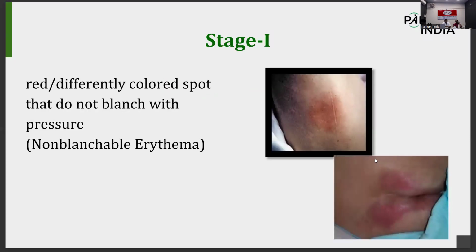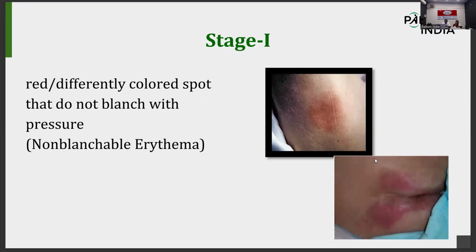There are 4 to 6 stages. In the beginning there were 4 stages, but it is being updated day to day, and now it goes up to stage 6. The first stage, all of you know. Most of us are familiar with stage 1 ulcers, and sometimes we neglect them from our side.